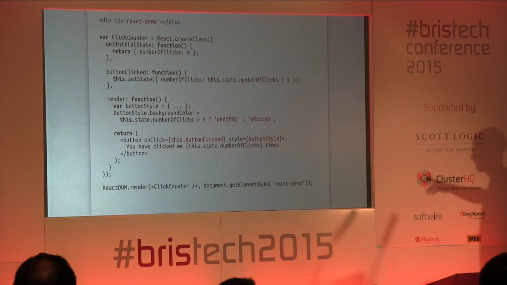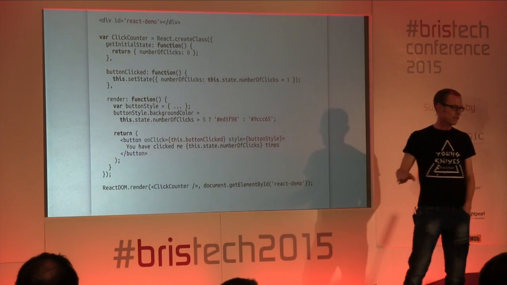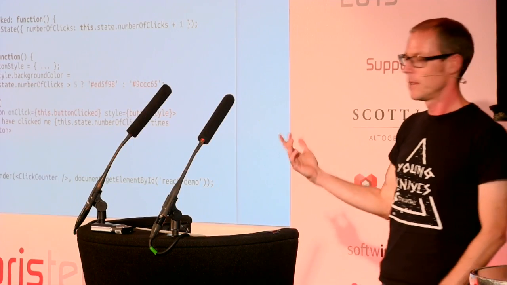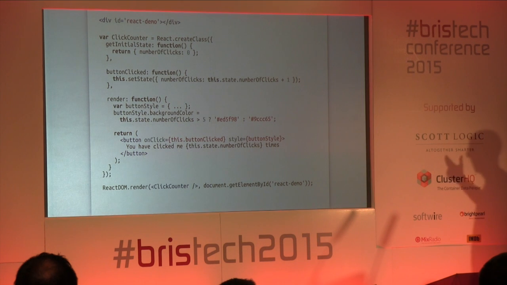The first thing I'm going to point out is this bit here. This is the rendering logic. Whereas with Knockout and Angular, you typically have an HTML template which is separate. Here, our click counter is a component, and the HTML is embedded within it. And as you can see, it is actually HTML inline within your JavaScript code.